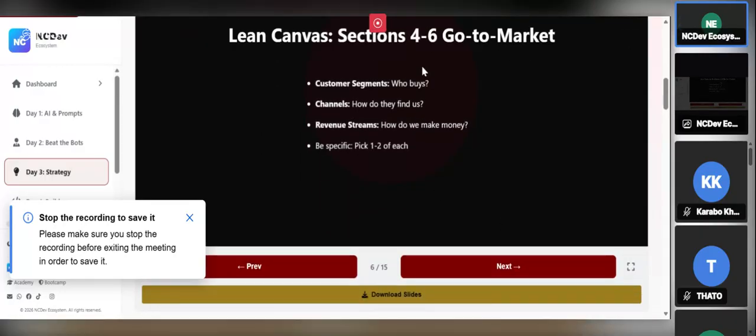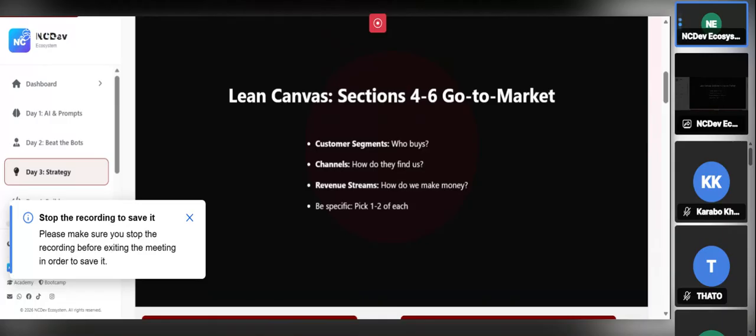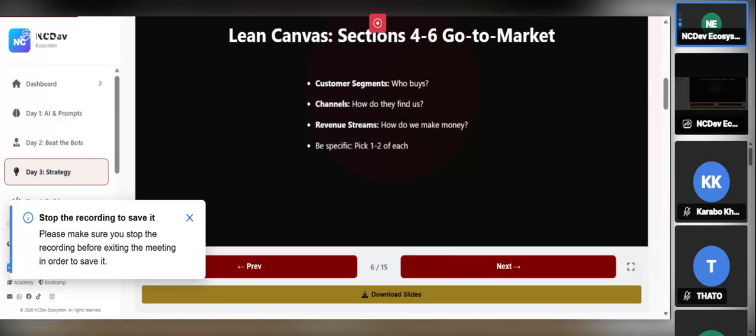So sections 4 to 6 is the customer segments that we also dealt with. Channels would now be how do they find us, right? And then revenue streams would look at how do we make money.